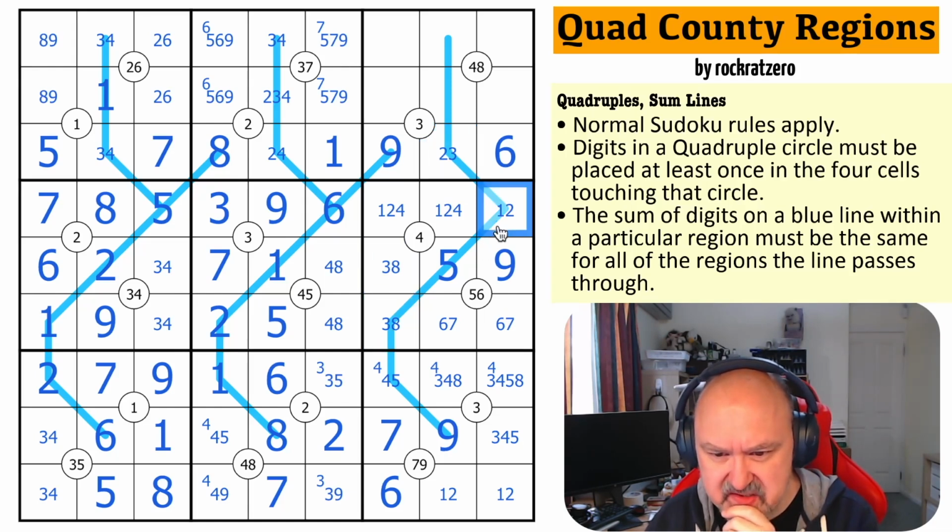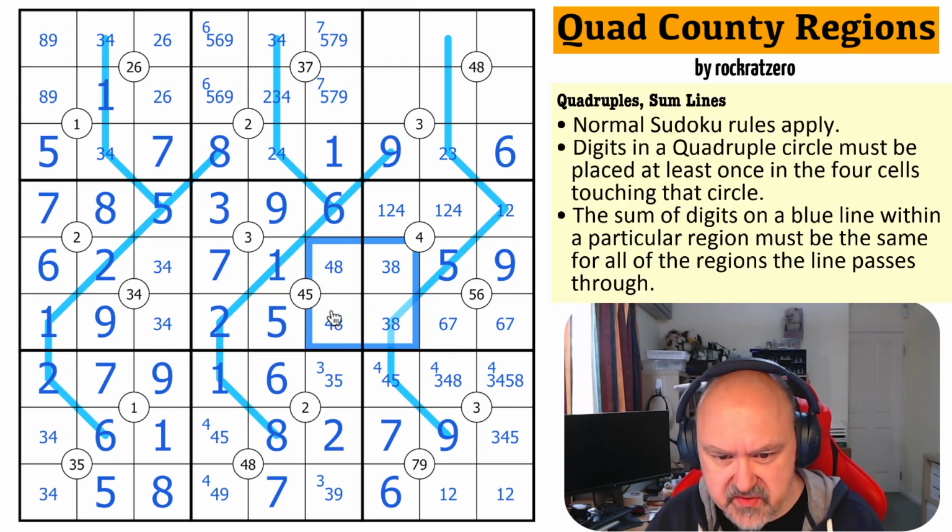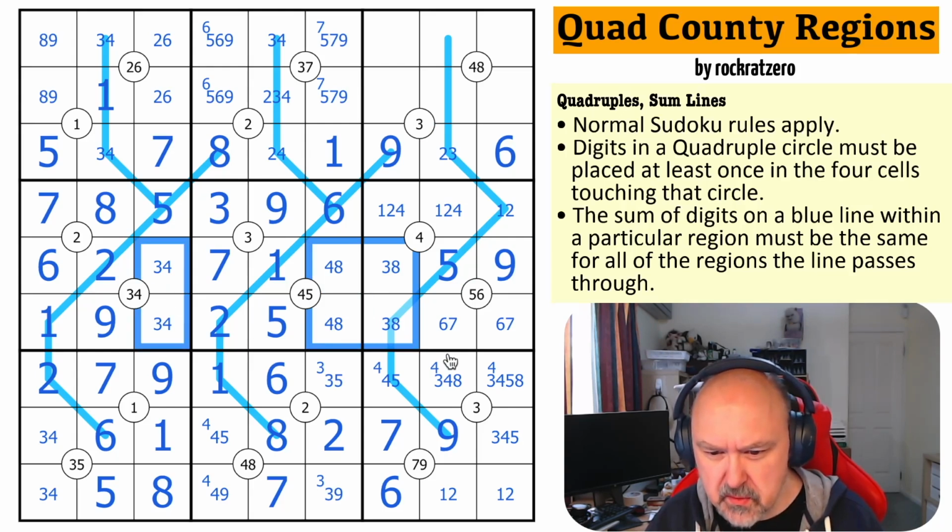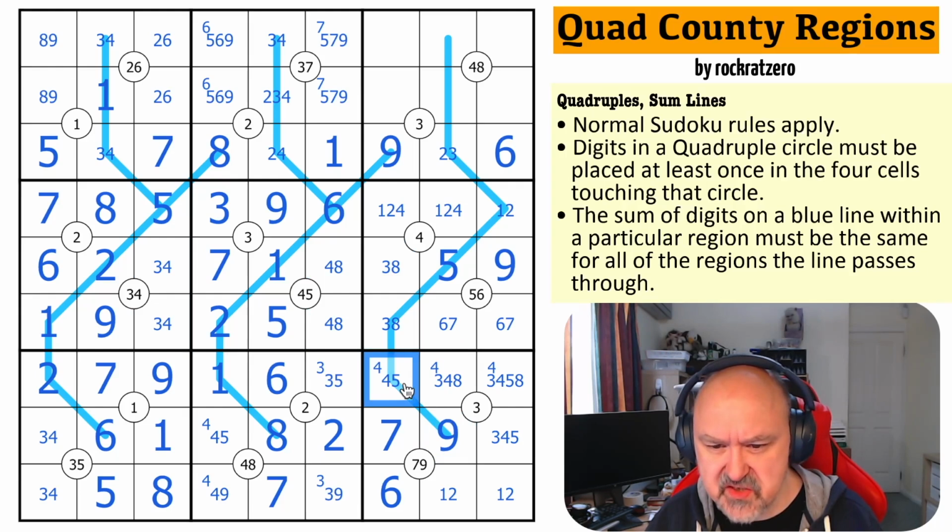This is a deadly pattern that's going to have to be resolved by this line, because those are not resolvable by anything that's sitting in the grid. Now, if this is 13, these have to sum to 8.